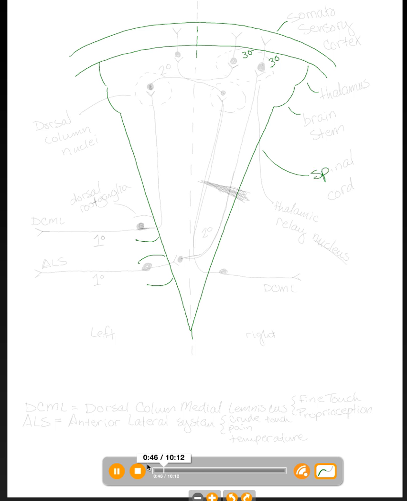This is the spinal cord. This is the brainstem. Thalamus. And then this is part of the brain, and it's called the somatosensory cortex.